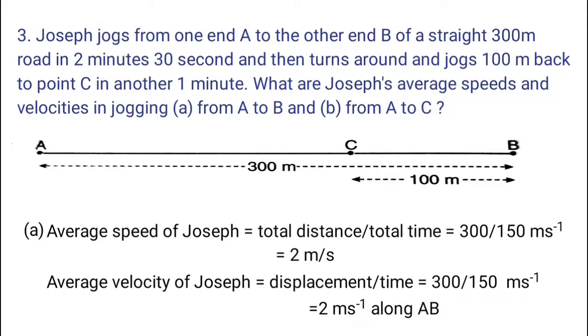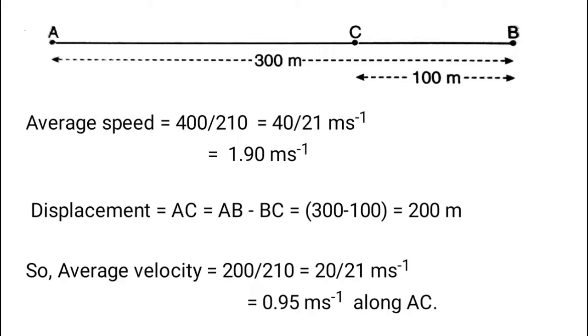Now let us see the next part. In the next part we have to calculate average speed and average velocity from point A to point C. For average speed, again we must have the total distance covered and total time.